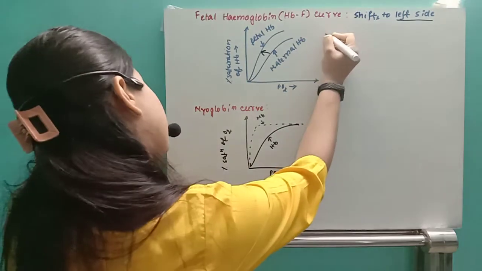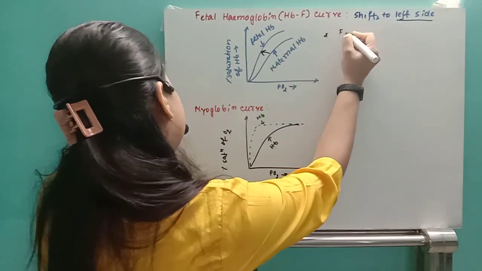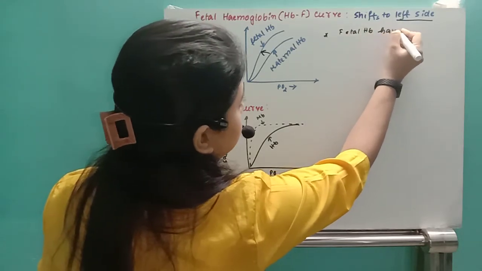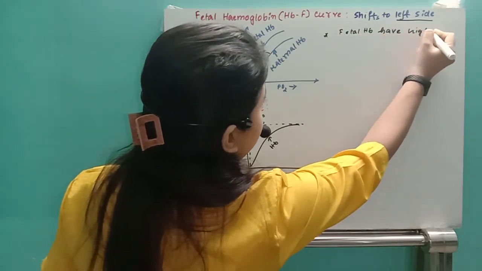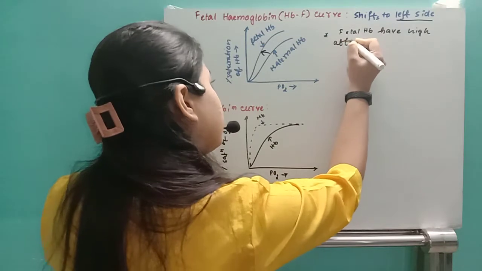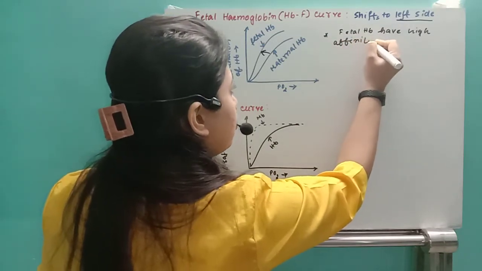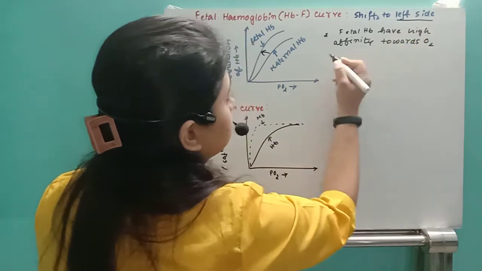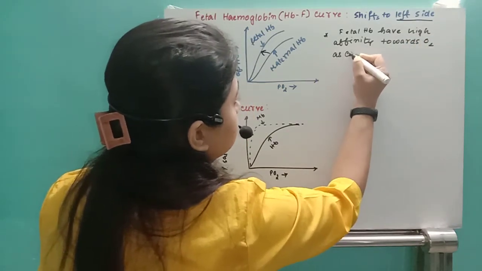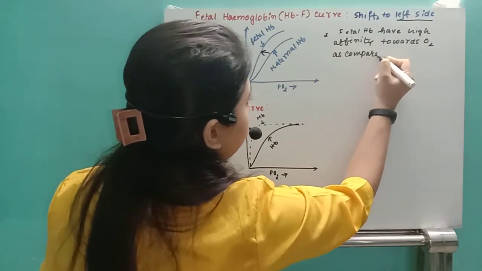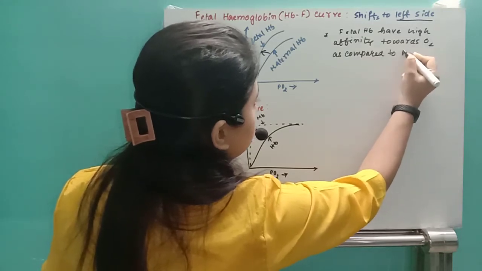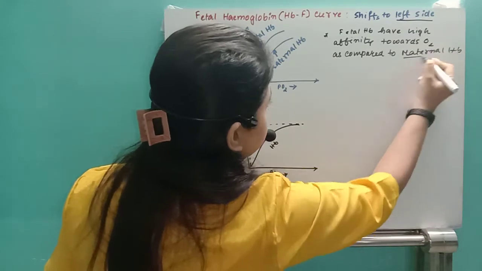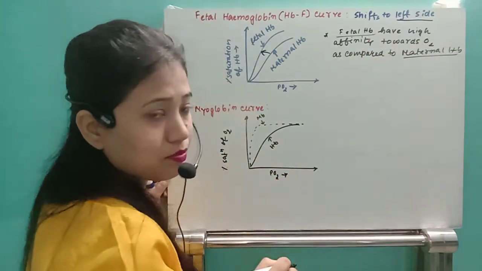So one thing we can write here: fetal hemoglobin has high affinity towards oxygen as compared to maternal hemoglobin. Remember, this is very much important.